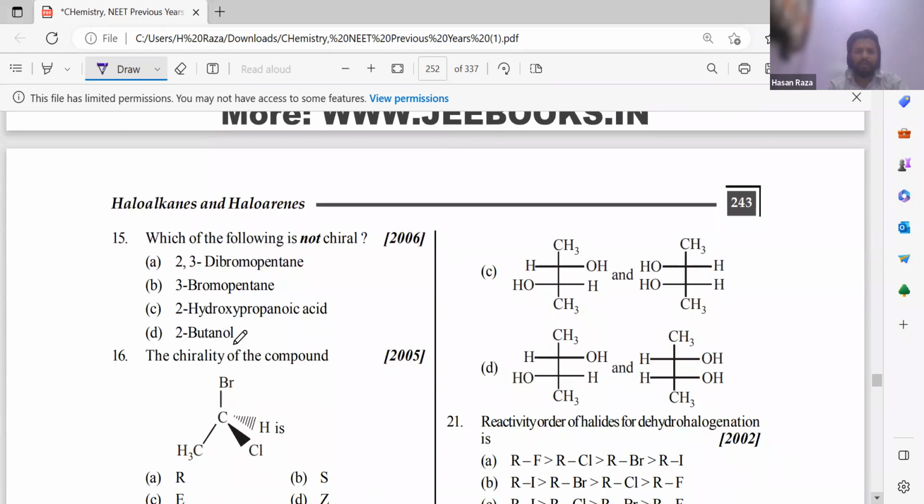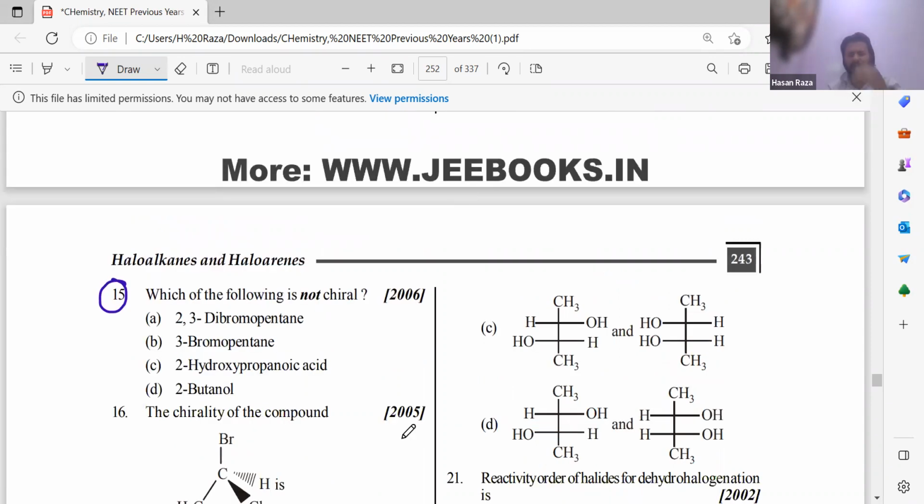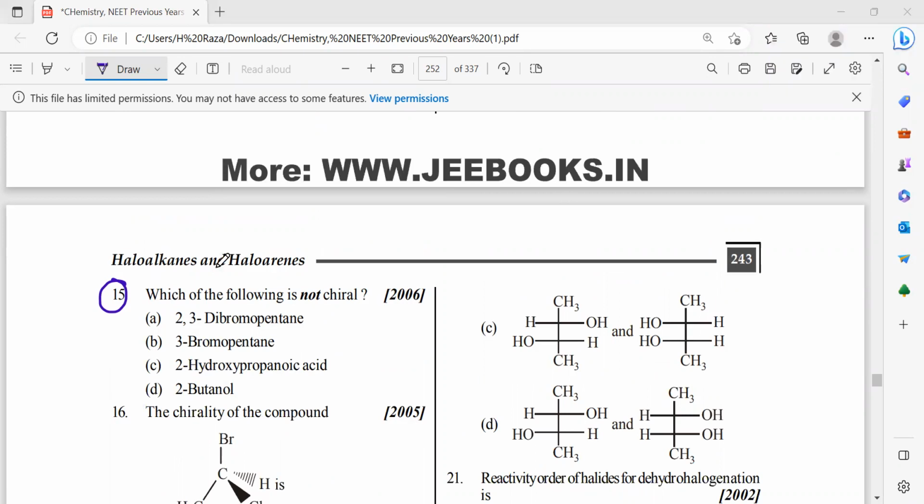The next question I'm going to give you is question number 15. Then we are going to start alcohol. It's very easy, right? Which of the following is not chiral?